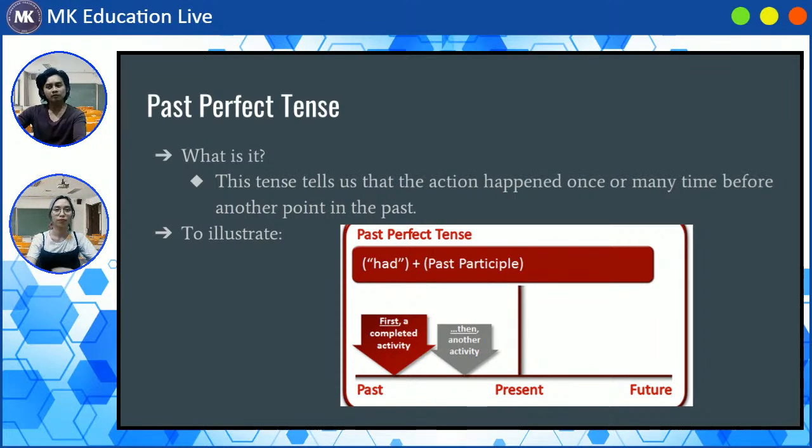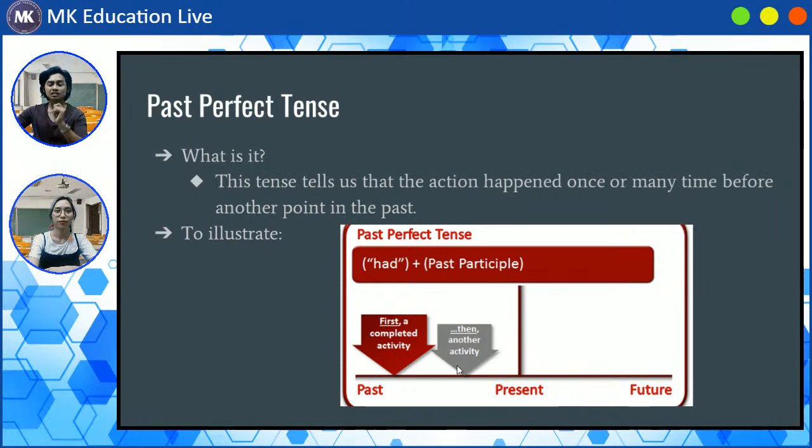The perfect tense tells us the action happened once or many times before another point in the past. So to illustrate or to show you what I mean, we have an activity that was done in the past and was finished in the past before another activity happened.